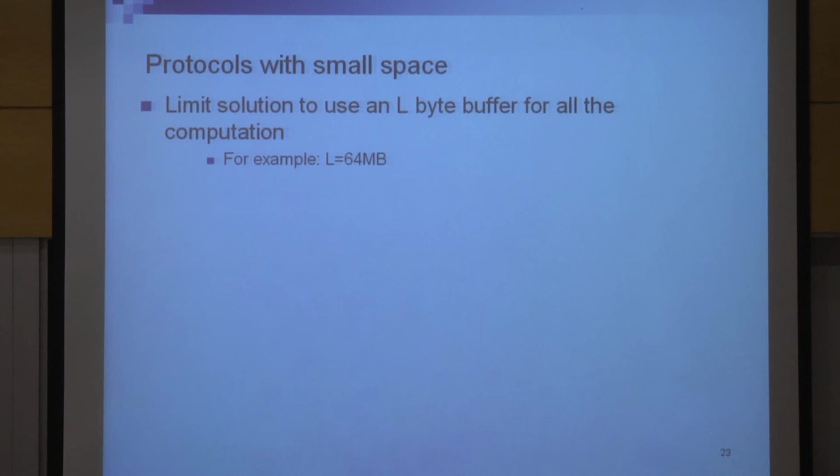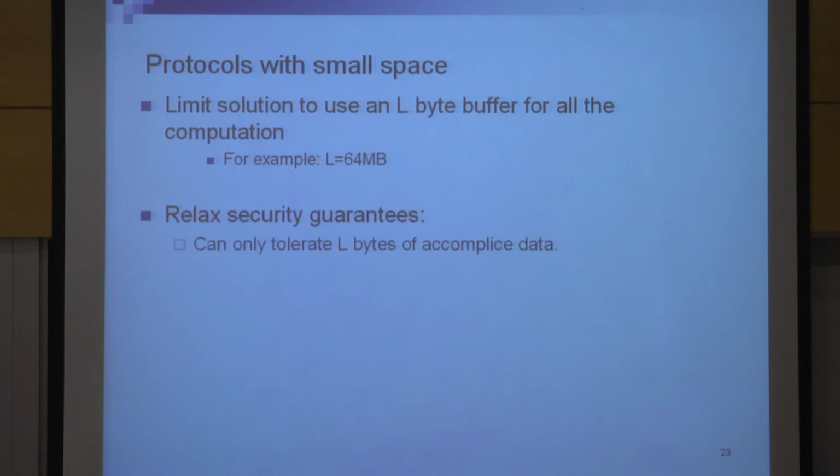That's pretty big, but it's easy on any personal computer or probably any handheld device as well. But it's much smaller than the actual file sizes. And then we relax our security guarantees. We can only tolerate L bytes of accomplice data. This is the trade-off.